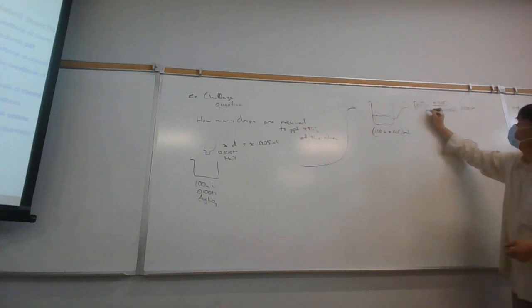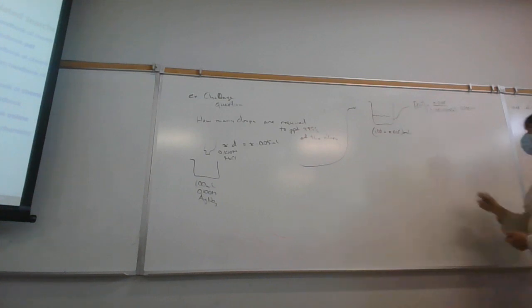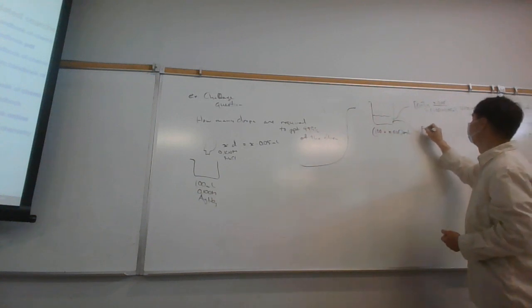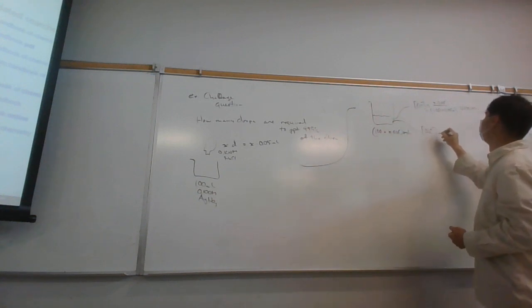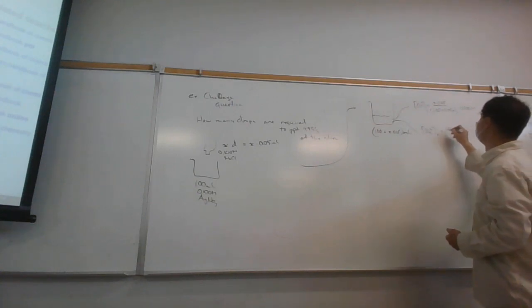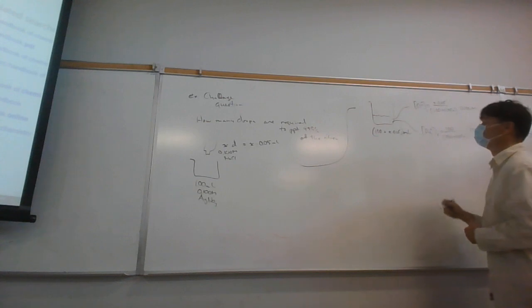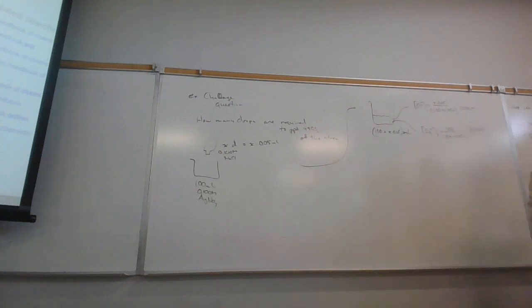This is what we call chloride initial. The silver ion initial will equal 100 divided by 100 plus 0.05X, times 0.100 molar. That's our initial.